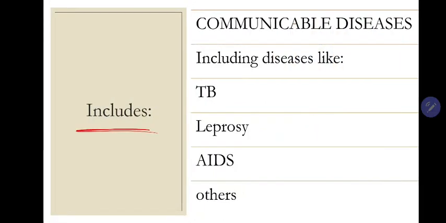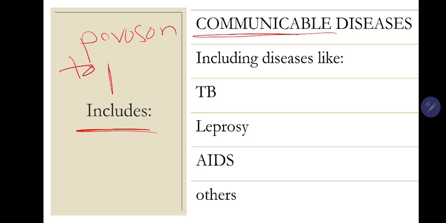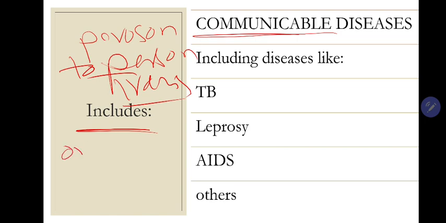The chronic diseases include communicable diseases. Communicable means person to person transmission, or any form of transmission.